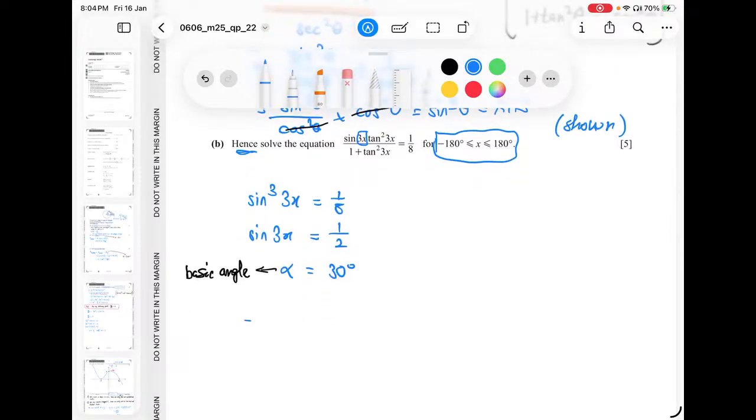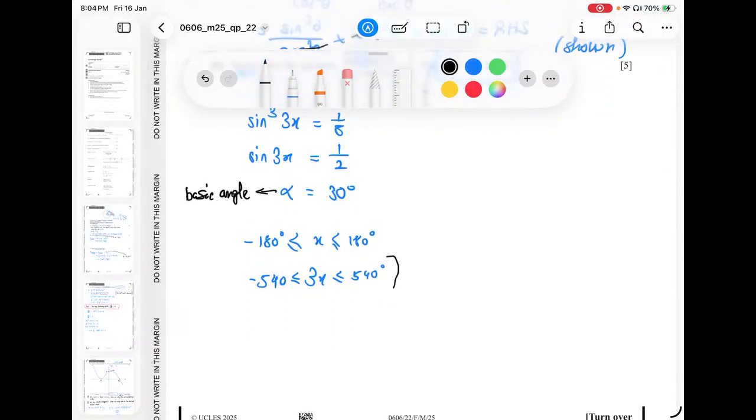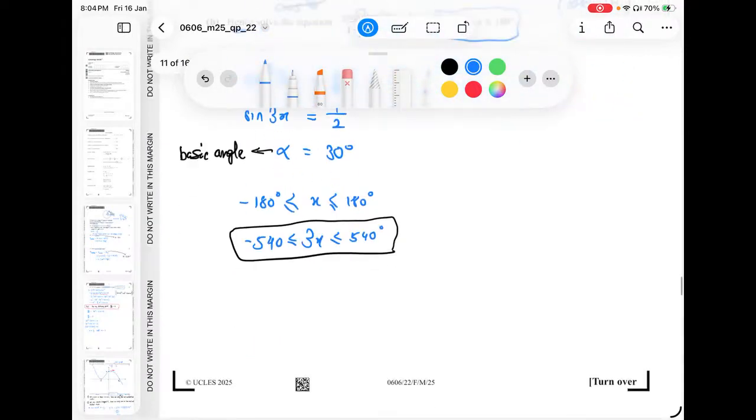And for the domain, we know that they have given the domain to be between negative 180 and 180 inclusive. So for 3x, it's going to be between negative 540 and 540, that is 180 times 3. So this is your actual domain for 3x. Now you just need to find all the possible values.